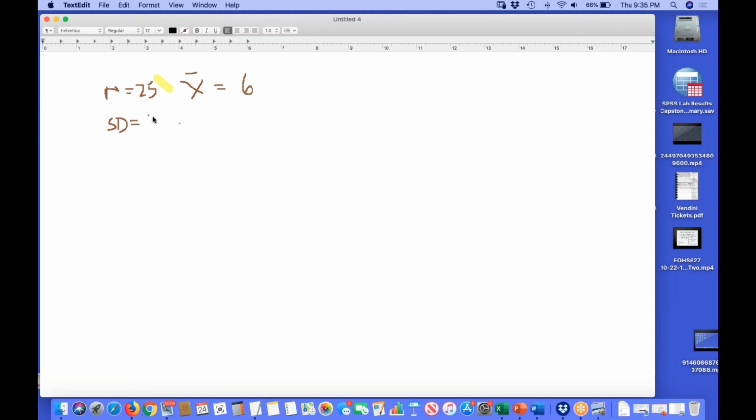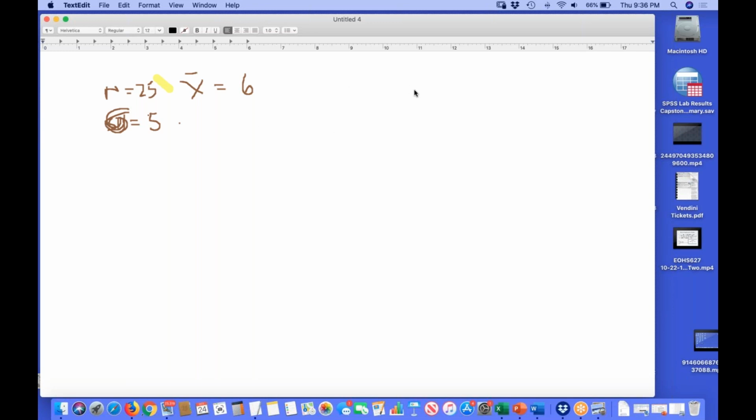I think what I got before. Standard deviation is equal to 5 as before. Actually, we're going to use the standard deviation for the population, assume it's the same. It's going to be equal to 5.